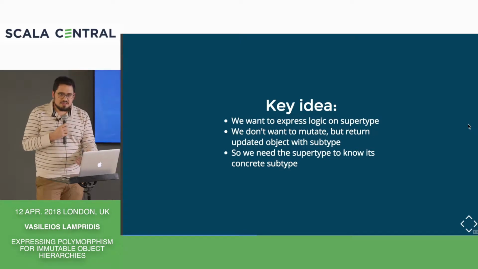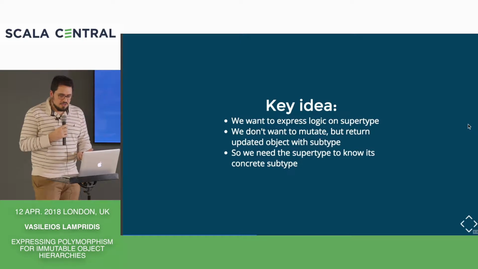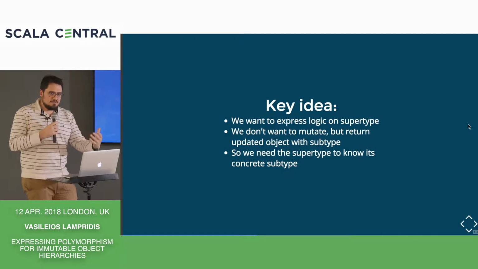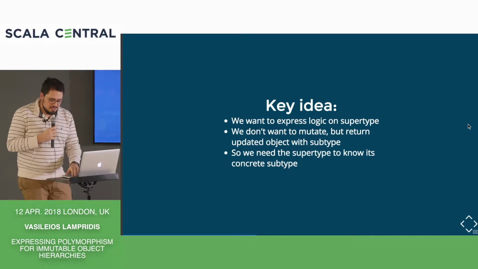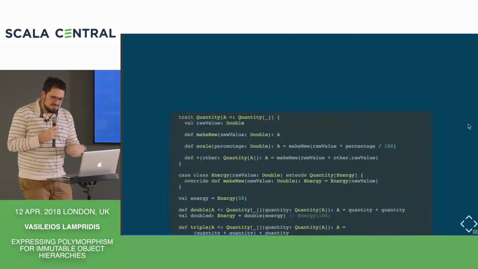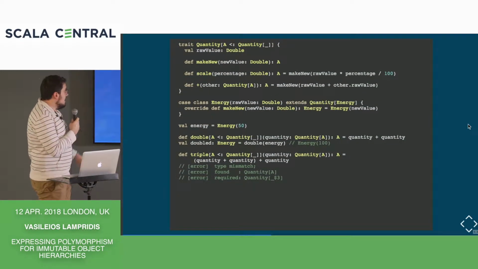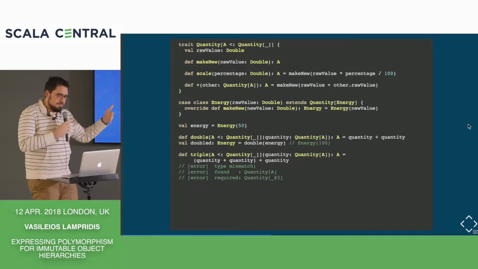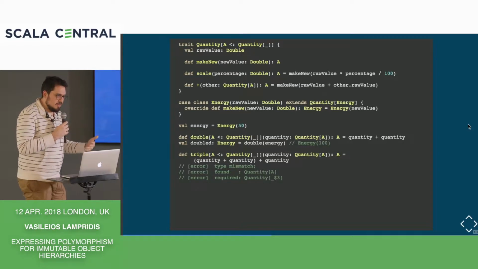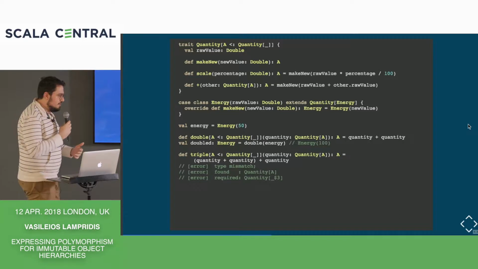So in order to achieve that, we obviously need the supertype to have some sort of knowledge of the subtype that is actually implementing that supertype, and that starts getting messy, so let me explain. And I do a stepwise approach to arrive naturally at the proper solution for that.